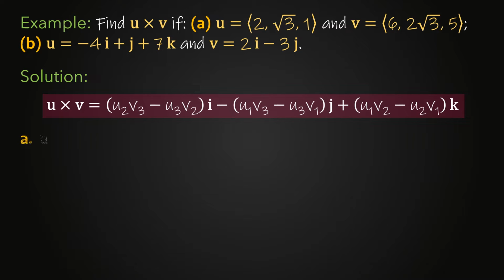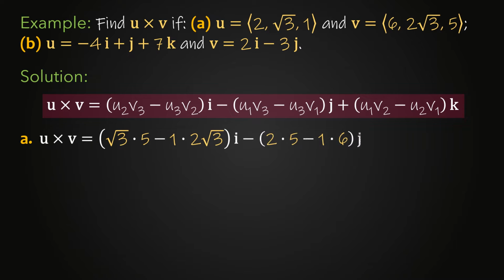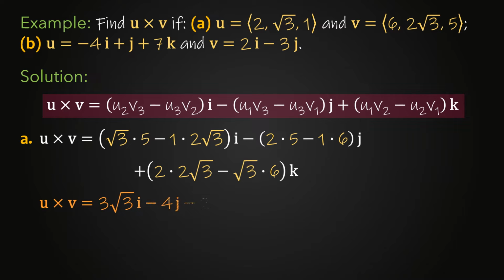A. Use u1 equals 2, u2 equals square root of 3, u3 equals 1, and v1 equals 6, v2 equals 2 square root of 3, v3 equals 5. Therefore, the cross product of u and v is 3 square root of 3 i minus 4j minus 2 square root of 3 k.